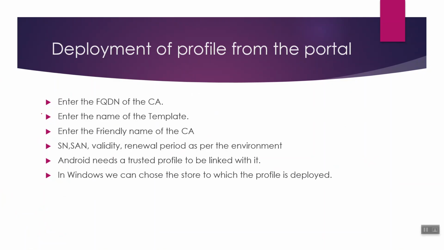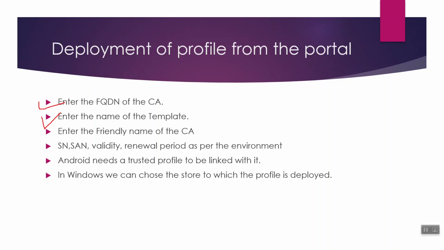What it also needs is the FQDN of the CA. Obviously, because when the request goes to the Intune connector, it is going to look for a CA. It also needs the name of the template against which the certificate is going to be issued. So even if the request goes to the CA, we don't know what kind of certificate is needed, right?